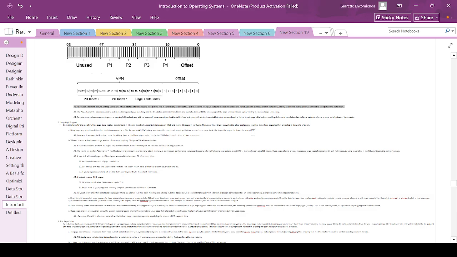Since x86, whether 32-bit or 64-bit, has this 4 kilobyte page size, that last part is the offset, or the bottom 12 bits.